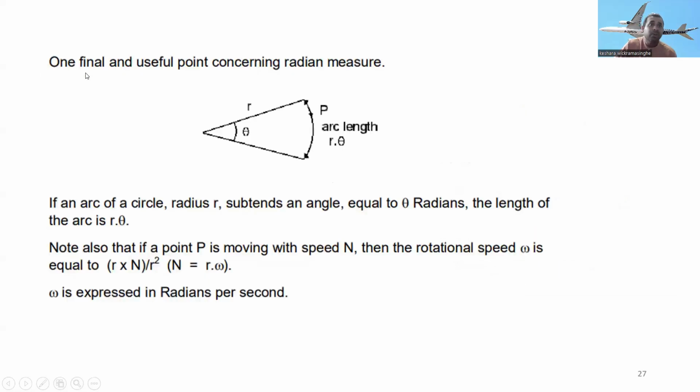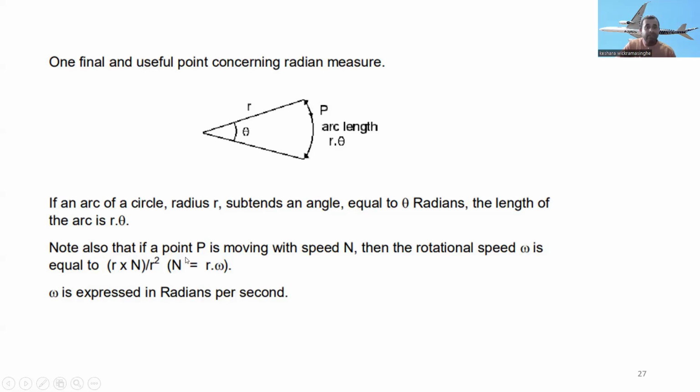Now one final useful point for radian measures: if an arc of a circle of radius r subtends an angle theta in radians, the length of the arc is r times theta, the radius times the angle.